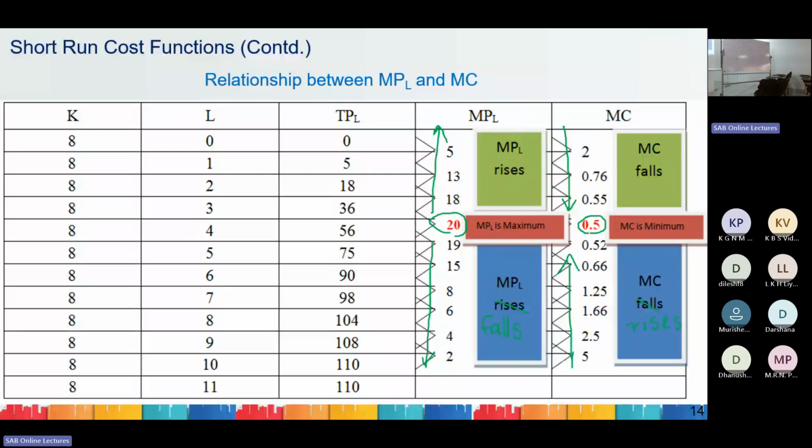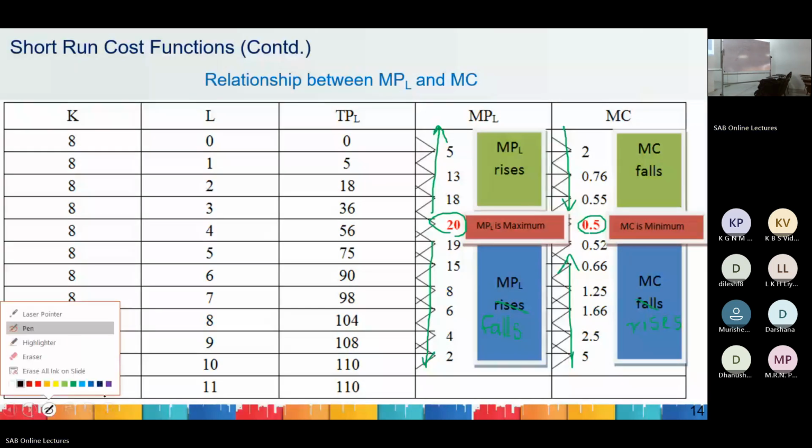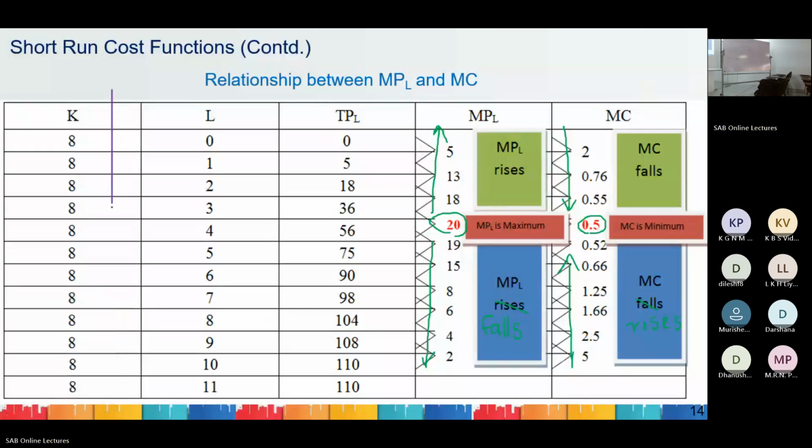Again, we observe an inverse relationship between marginal product of labor and marginal cost. If we show them in a diagram, this is the maximum point of marginal product of labor.